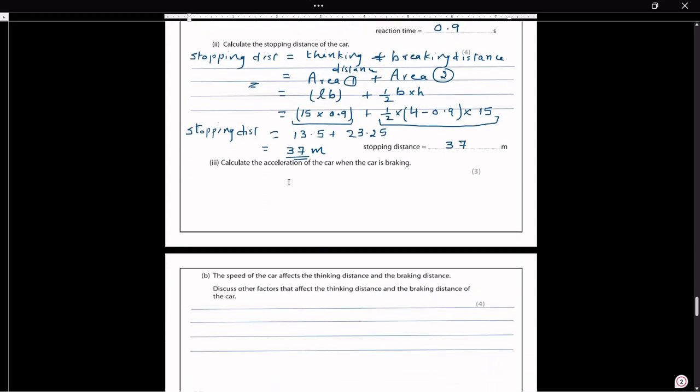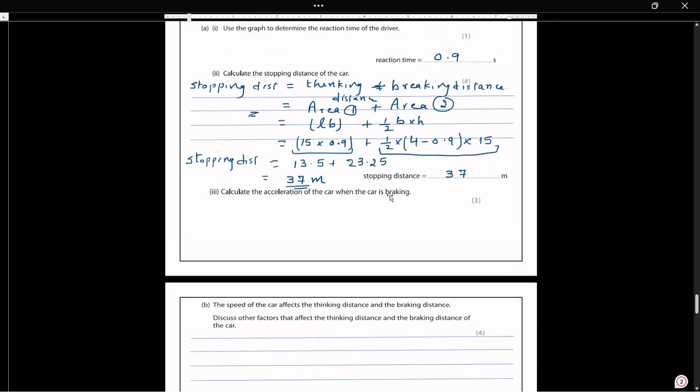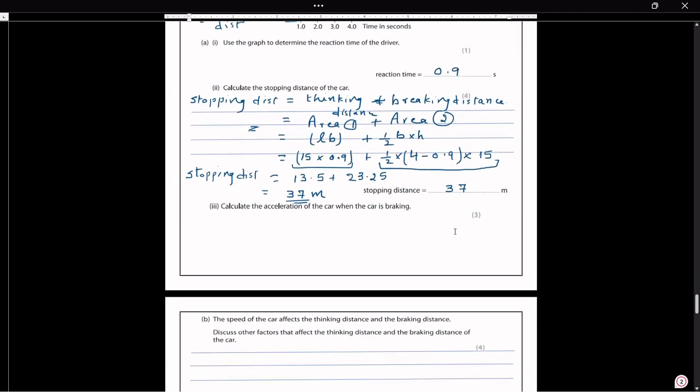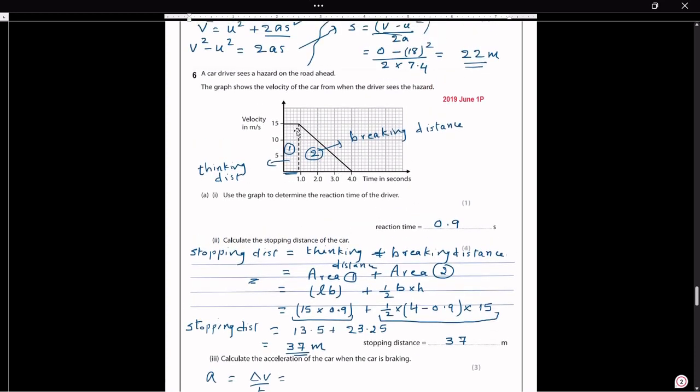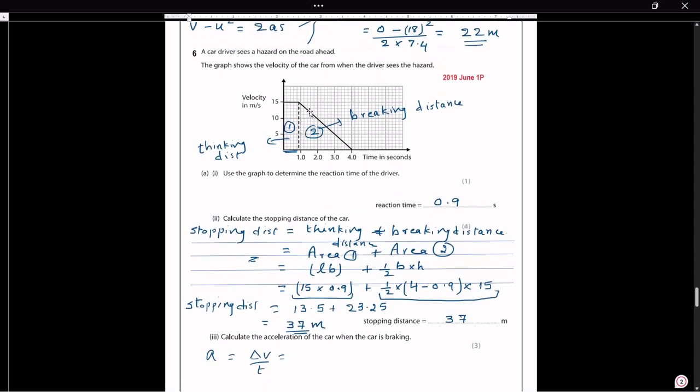Now calculate the acceleration of the car when the car is braking. So acceleration is delta V over T. I'm taking the values from the graph. It is the deceleration part, the second part.